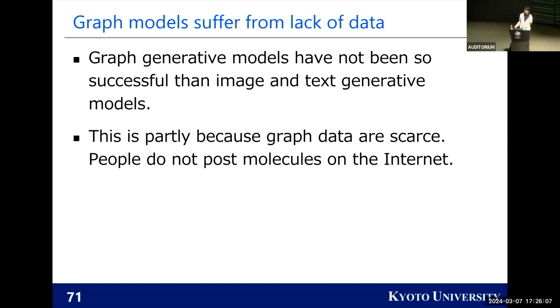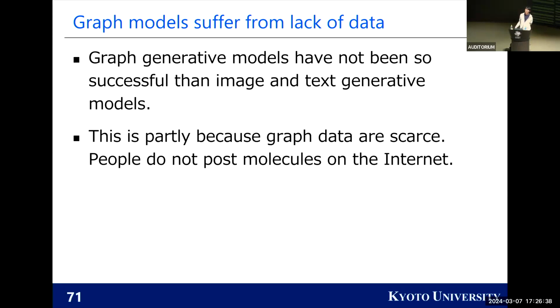The success of image and text generative models depends on the rich data and huge unlabeled data posted and available on the internet. But unfortunately, people do not post molecules on the internet. People do not post molecular data to Facebook or so. So the amount of data available for graph generative models is much less than the data for image and text.